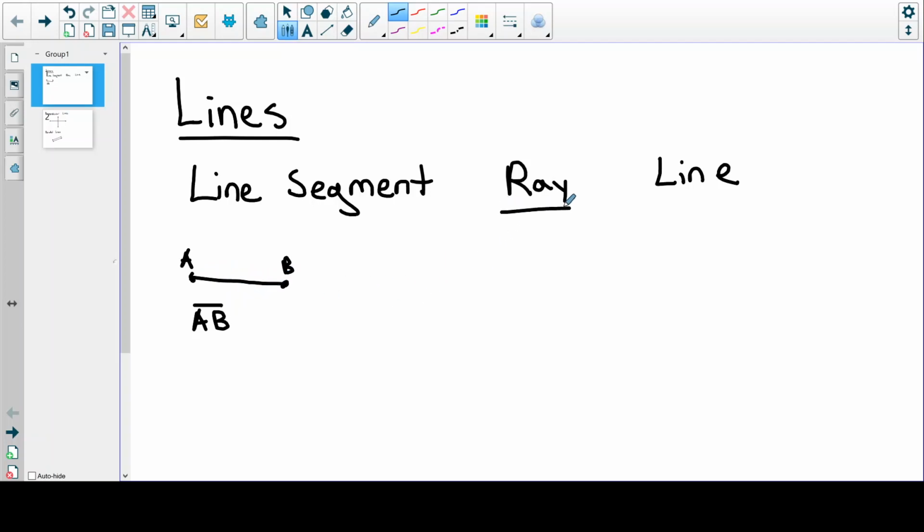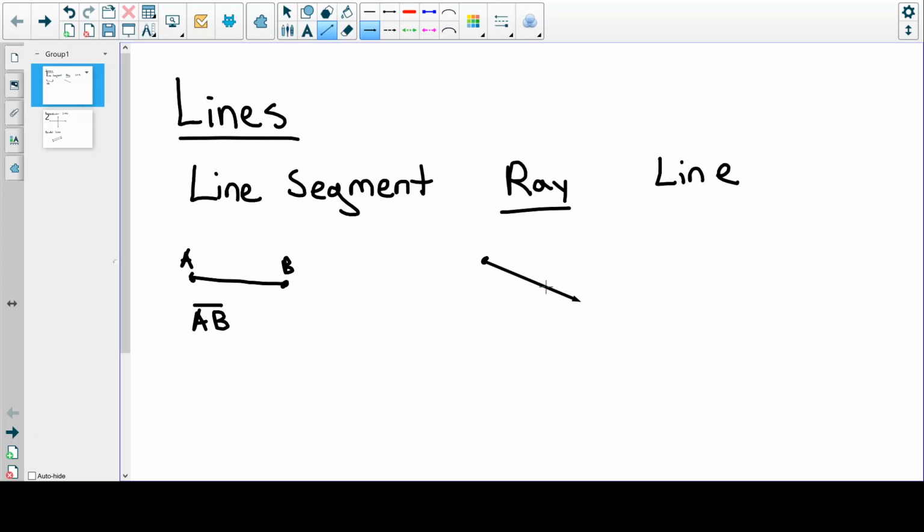Next is your ray. It's a line that starts at one point and then goes infinitely in some direction.